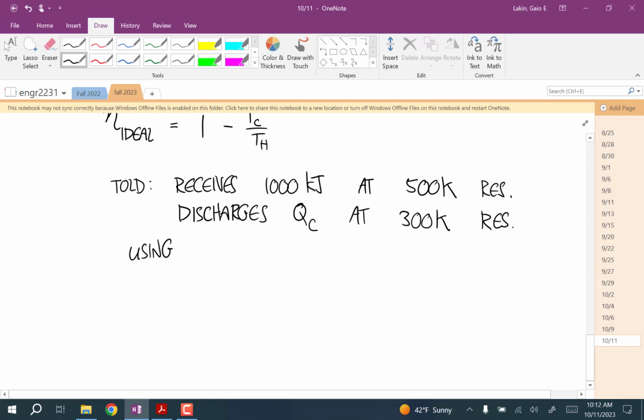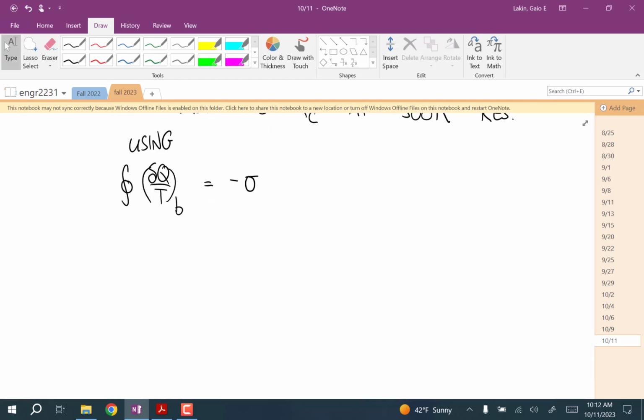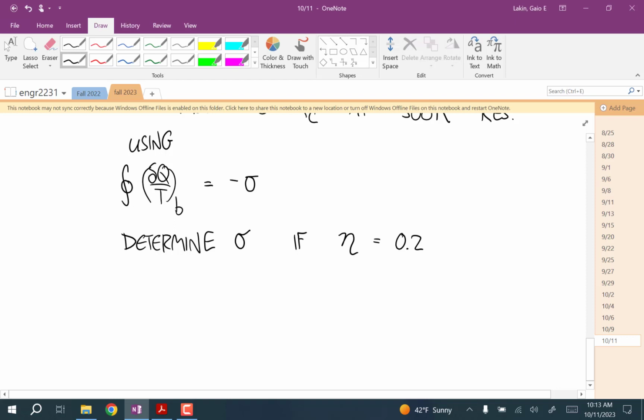And using this form of the Clausius inequality that says the integral of dq over temperature around the whole boundary is equal to some negative sigma, determine the value of sigma if the efficiency is 0.2.